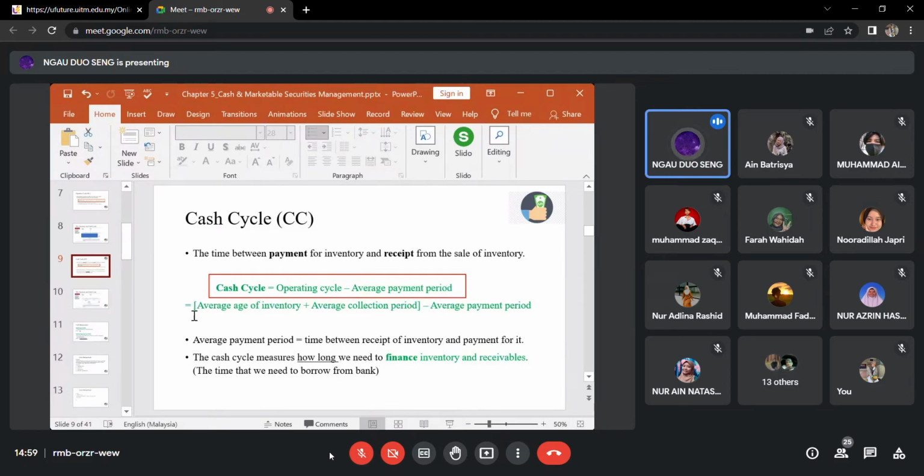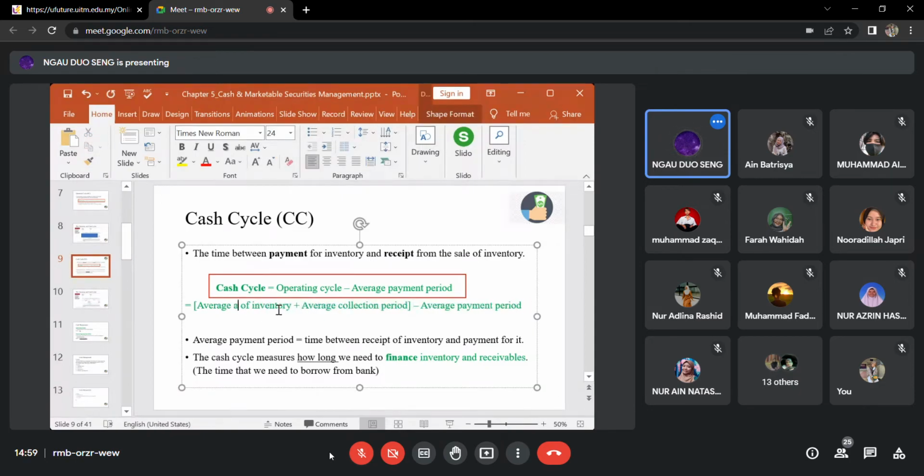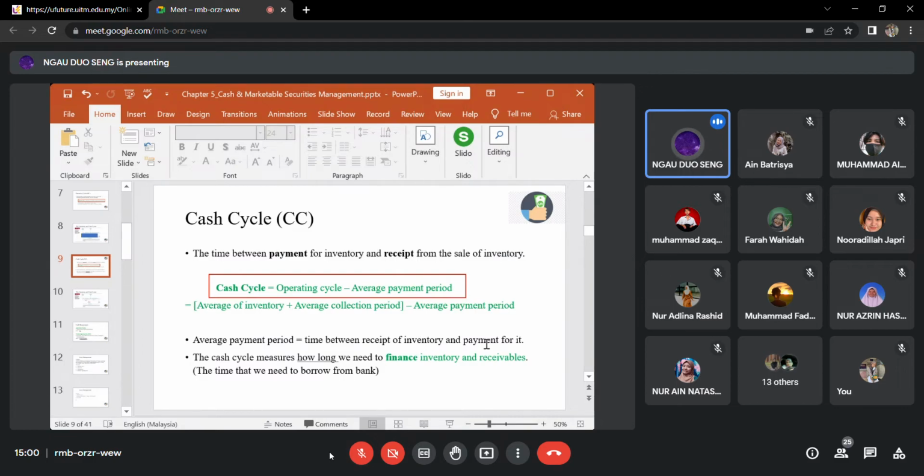So we have equal to average of inventory plus average collection period minus the average payment period, which is operating cycle, minus average payment period equal to cash cycle. So average payment period equal to time between receipt of inventory and payment for it.